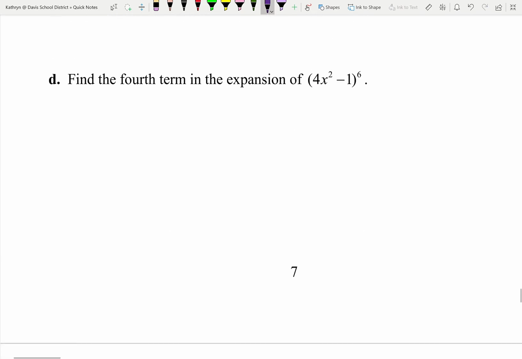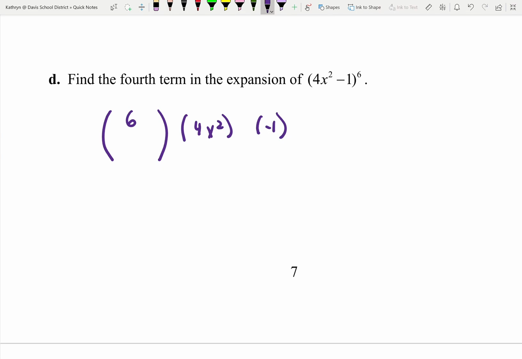Okay, question D. Find the 4th term in the expansion. Let's do our setup right here. Every person in this room, tell me the top number. It is a 6. Right now, in parentheses, put your 4x squared and your negative 1. The first term is 6, 0. The second term is 6, 1.